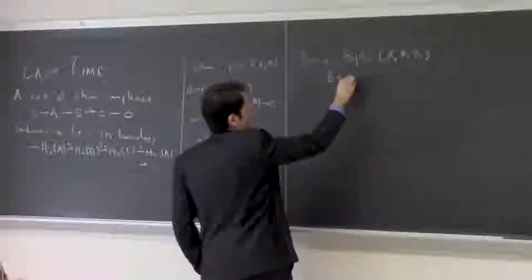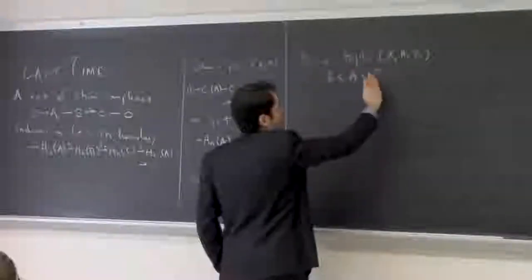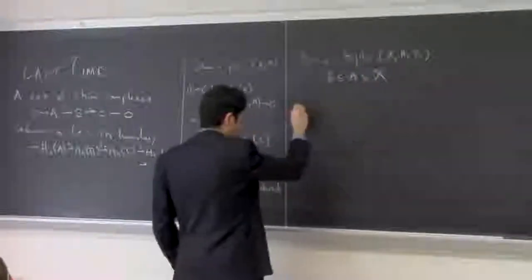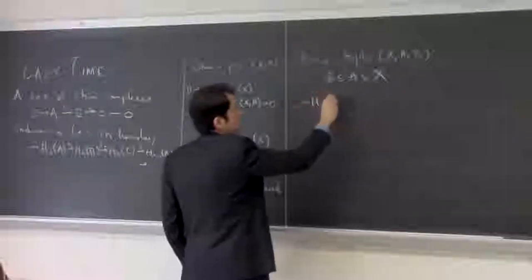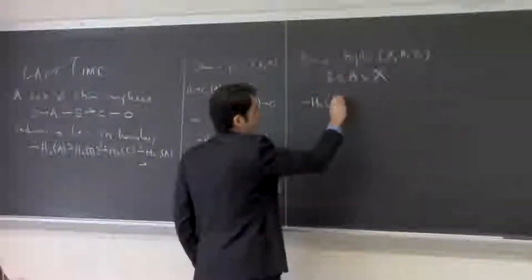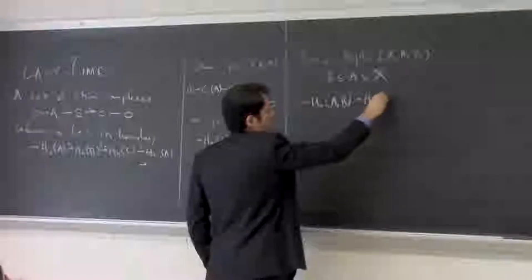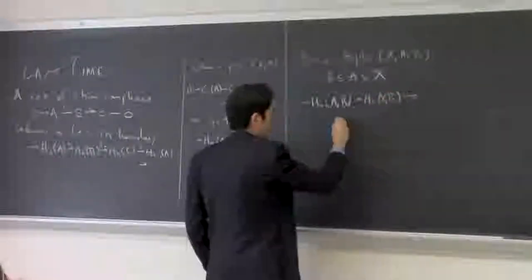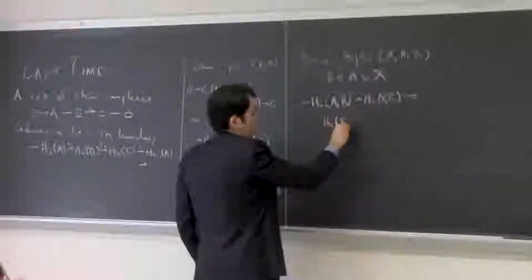So this means that B is a subspace of A, which is a subspace of X. So you have AB includes into XB, and the quotient is XA.